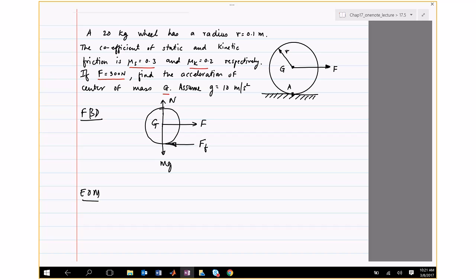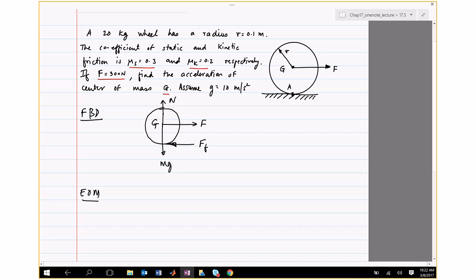If it's not slipping, then yes, you can use what you learned in the earlier part to solve this. That is, you can take inertia about this point and solve it. But if it is slipping, the acceleration is not equal to 0, then you cannot do that. So it's safer to assume it is general planar motion and solve it, rather than make an assumption that point A is fixed.